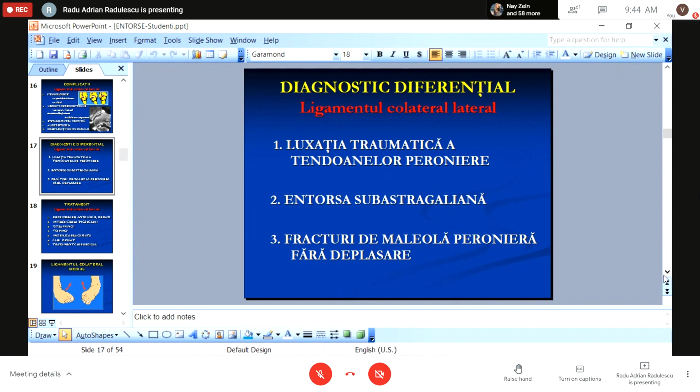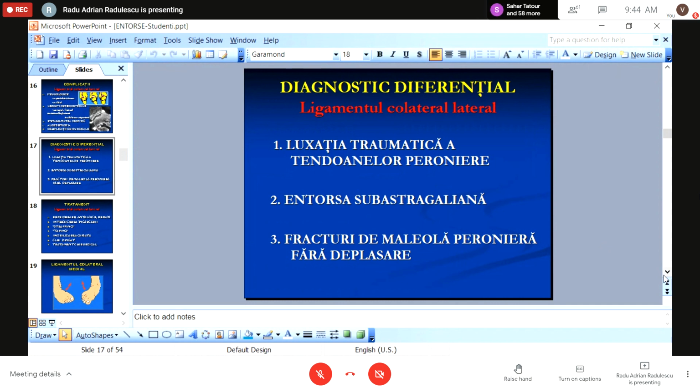The differential diagnosis of a sprain on the lateral aspect of the ankle may also be done with the dislocation of the fibular tendons. You remember from anatomy that posterior to the fibular malleolus we have the tendons of the fibular or peroneal muscles, whatever you want to name them. We have mainly the long and the short peroneus muscles, and their tendons, which attach to some bones of the foot.